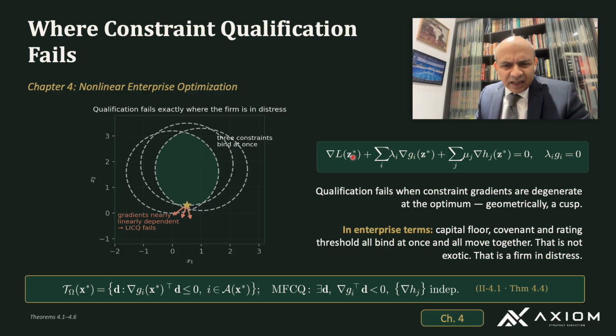The multipliers lambda i correspond to inequality constraints g i, while mu j correspond to equality constraints h j. Okay, now lambda i g i over here is equal to 0, and this is complementary slackness.